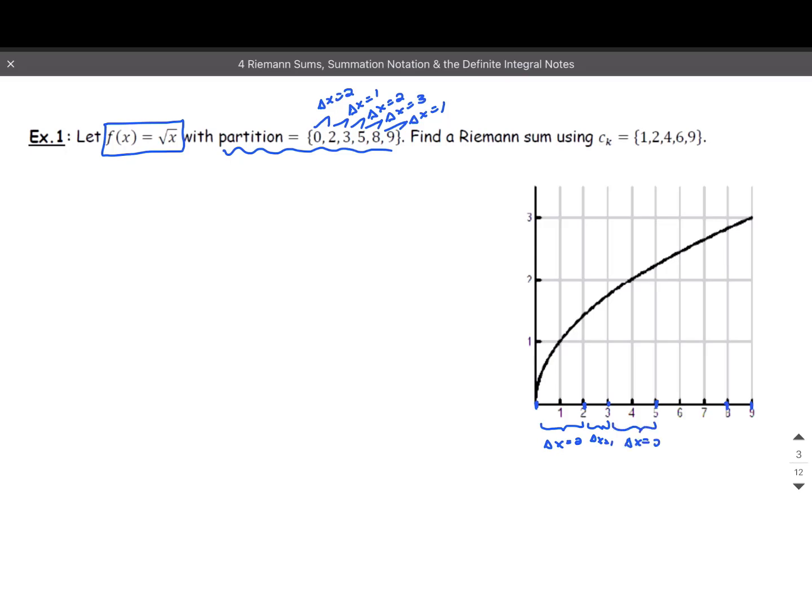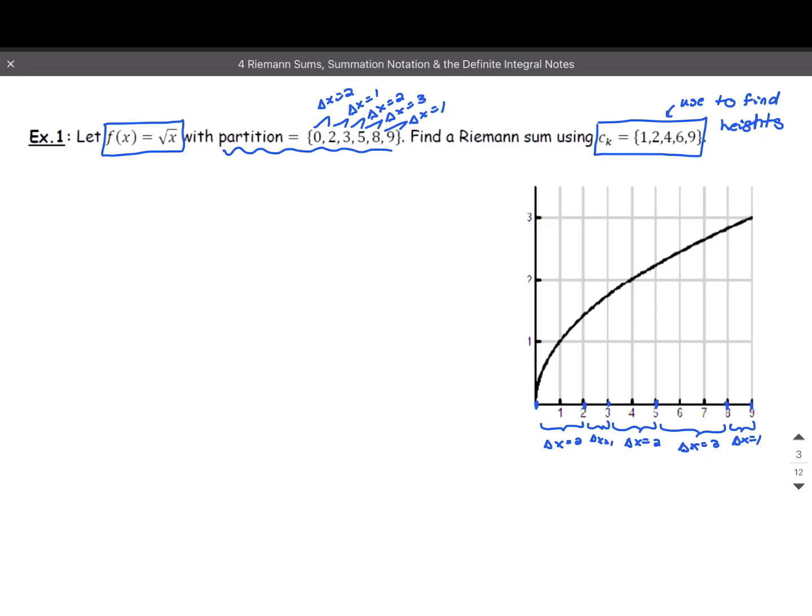We haven't drawn them yet. Now we're going to find a Riemann sum using these x values to find the heights. Those are the x values that we're going to substitute into the function.